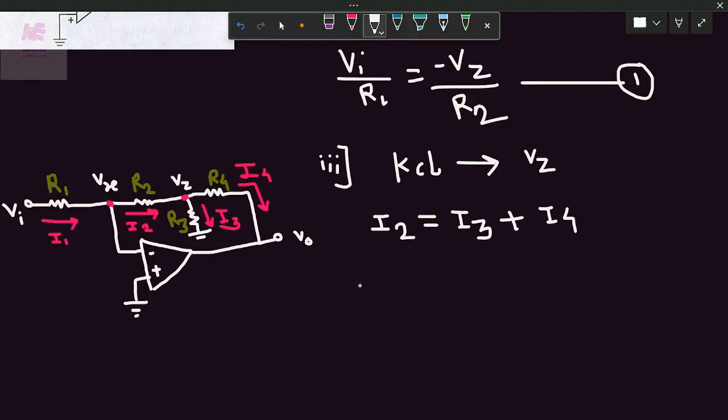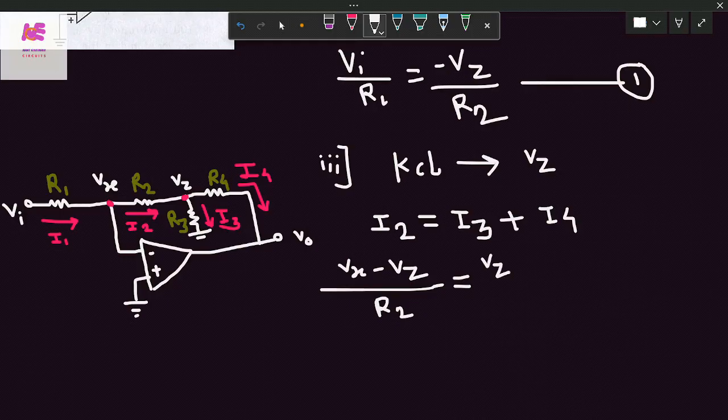Putting the value of current: I2 is Vx minus Vz divided by R2, which is equal to I3, which is simply Vz by R3, plus I4, which is Vz minus V out divided by R4.